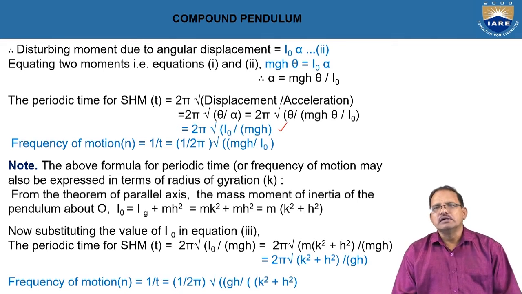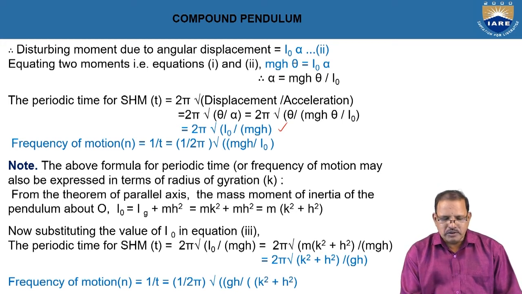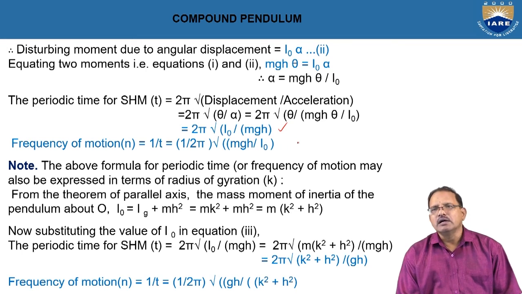Now the frequency of the motion is the reciprocal of time period. It is equal to 1 by 2 pi under root of mgh divided by I naught.